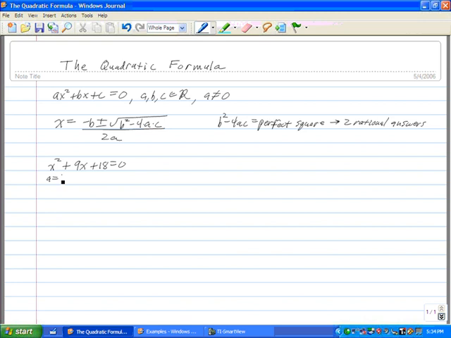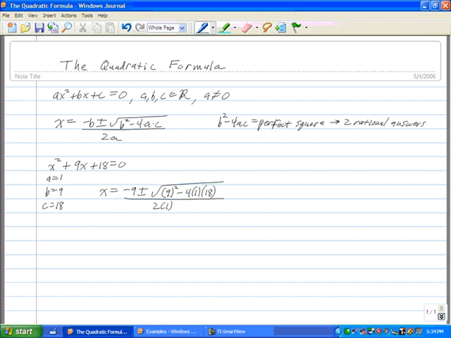Again, labeling everything. A is 1, B is 9, and C is 18. We go and we plug into the formula. Opposite of B would be a negative 9. Plus and minus, square root of the 9 squared minus 4 times the A times the C, and it's again all over 2 times A.